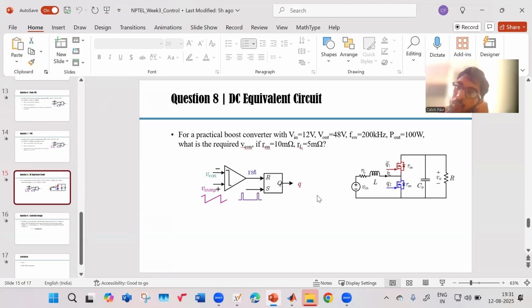We are considering that this boost converter is operating in voltage mode control. And now we cannot just apply Vout is equal to Vin upon 1 minus D, because we have been given this on resistance 10 milliohm, inductor DCR 5 milliohm. All these values have been given to us. These are like the parasitic resistances which are provided to us, right?